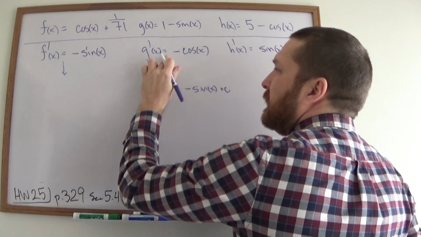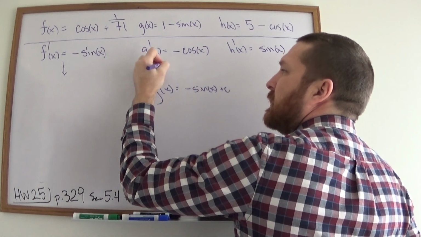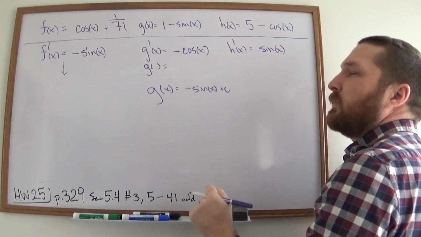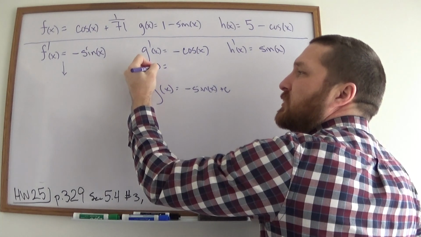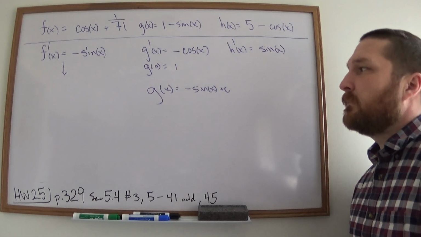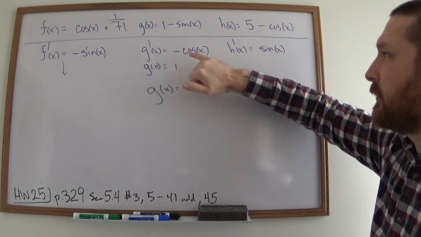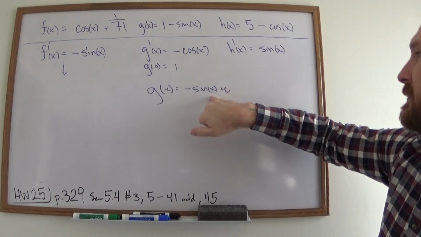Like, you'll be told that this is true, and we know that g at some point is equal to something. For instance, they could say g at 0 is equal to 1. In which case, you'd say, okay, knowing this, we get this.